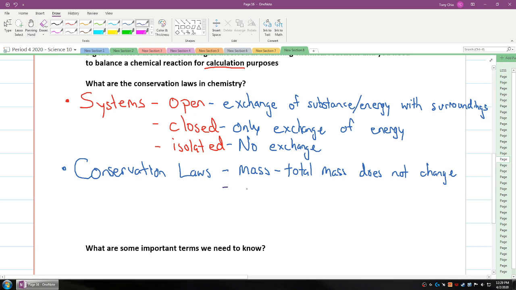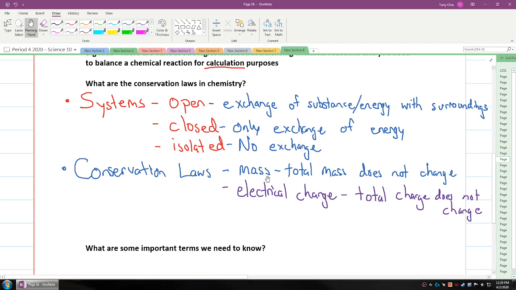The second law is electrical charge. Okay, and this one just means that the total charge does not change. So for example, if you talk about conservation of mass, you could say that you started with 120 grams of something.